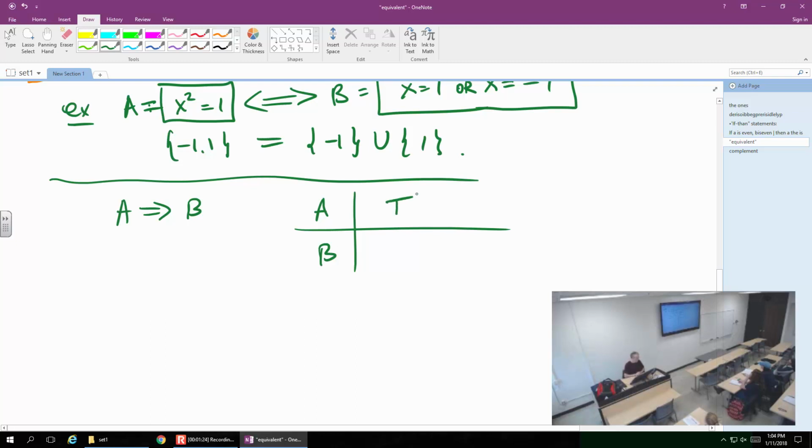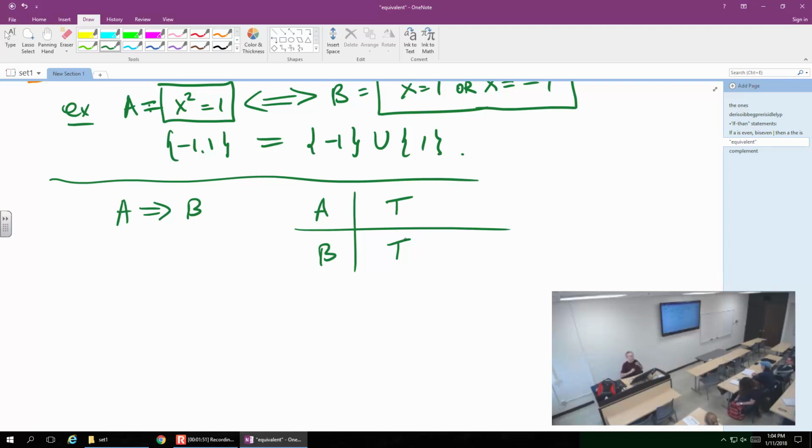is B true or false? It depends, right? Does anybody have an idea? It's like an if-then, so if A is true, then that implies that B is true.